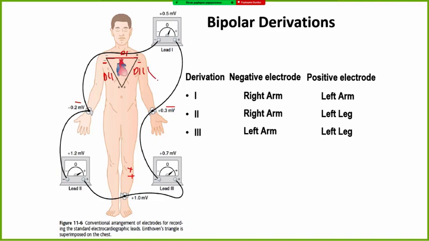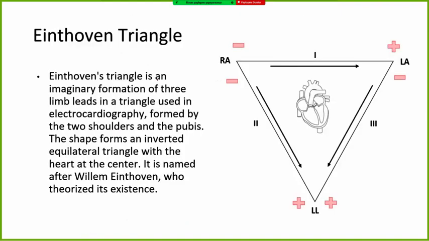And these three derivations consist of the Einthoven triangle. Einthoven triangle is an imaginary formation of the three limb leads in a triangle used in electrocardiography.